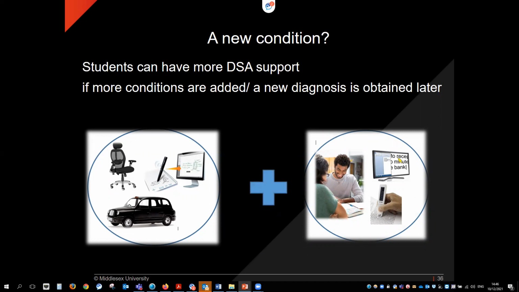Okay. So what they need to do is, once they've received their diagnosis of a new condition, they need to send it to DSA. They don't have to apply again. They just need to send the new medical evidence, and then a review of needs will be triggered, which review of needs can be done remotely. And we would recommend additional support.